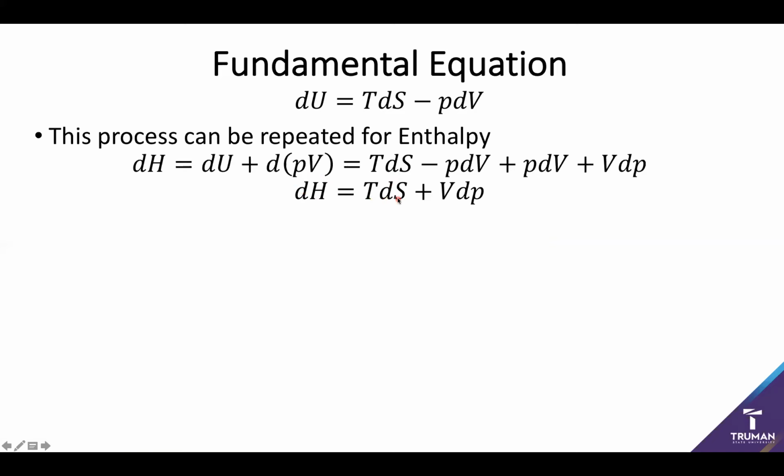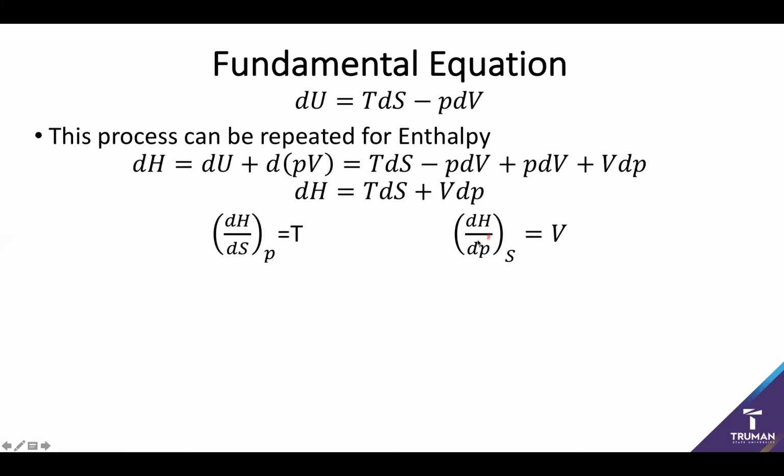of entropy and pressure. Where again, we see that if I increase the entropy of the system, I'm going to increase the enthalpy of the system, and this will happen as a function of temperature, because we have already seen a relationship between dS and q, which is again mediated by temperature.